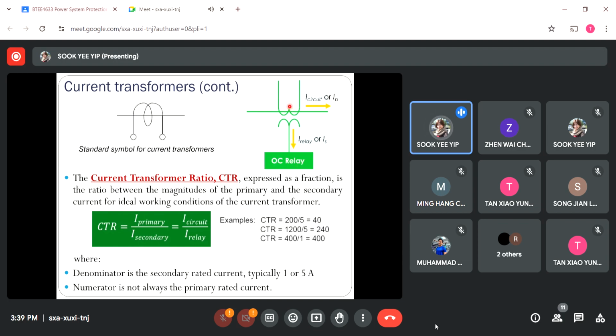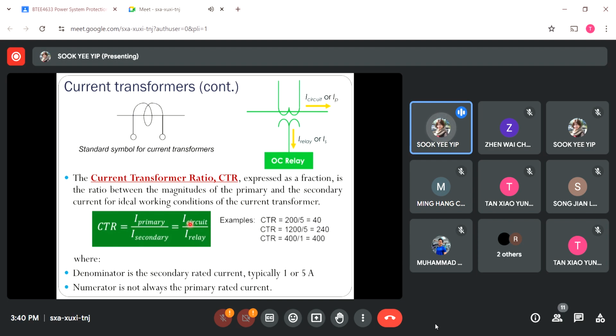I need to step it down based on the current transfer ratio, correct? In such a case, the secondary current, which is the stepped-down current, will actually feed the relay. So these secondary currents can also be known as the relay current flow. In such a case, we can also find the current transfer ratio by having the circuit current divided by the relay current. Okay, that's how I can get the formulas here.